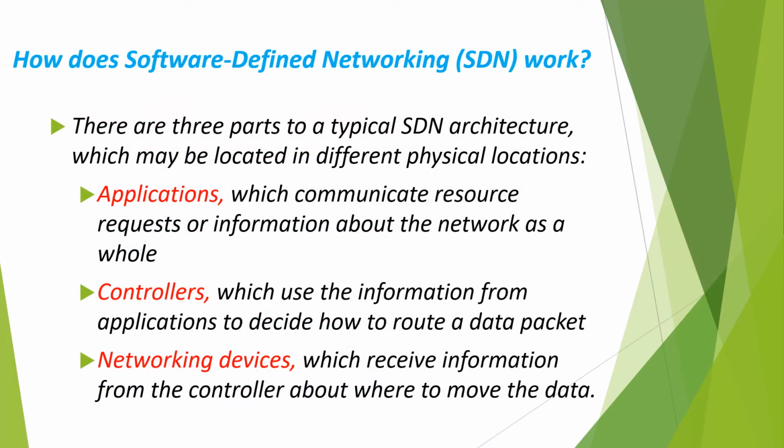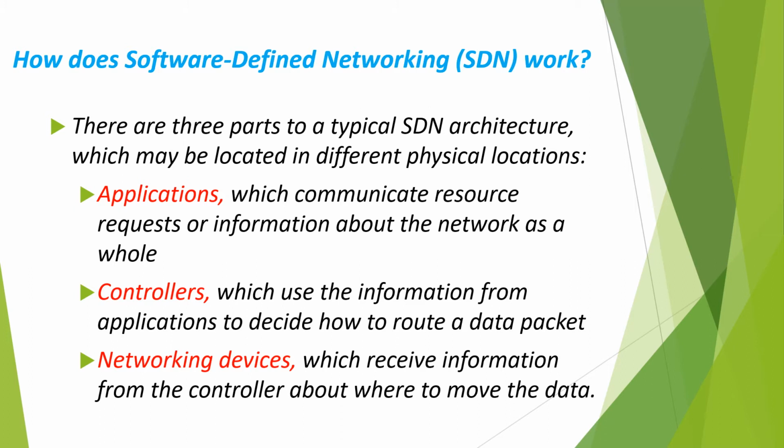Now, if we see the parts of the typical SDN architecture, all of these parts can be located in different locations. So the first important part is the applications. Applications will be communicating resource requests or information about the network as a whole.